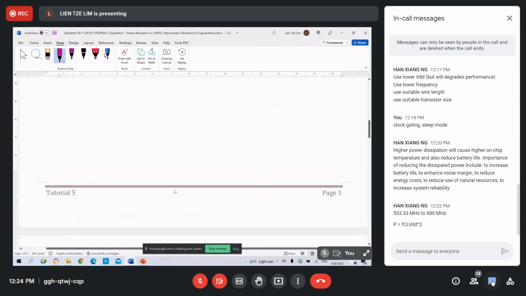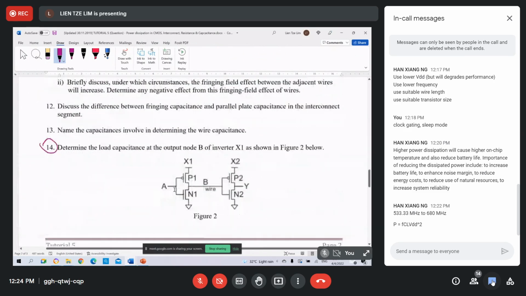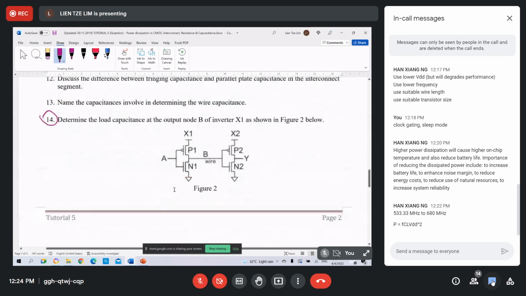Another question, question 14. This question asks about the load capacitance. Determine the load capacitance at the output node B of inverter X1 as shown in figure 2 below.